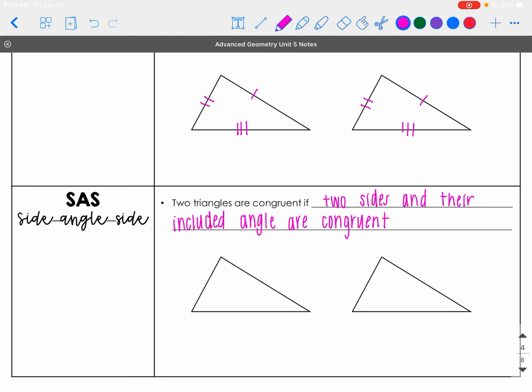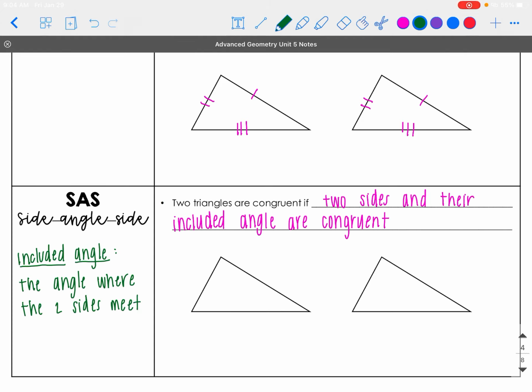So 2 sides and the angle between them. So an included angle, if you want to write that, this is the angle where the two sides meet. So it's the angle in between the two sides.